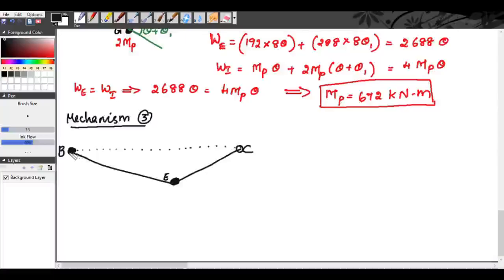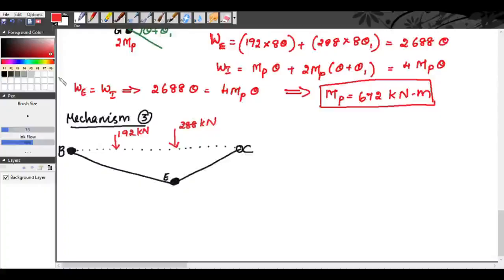There is a hinge at B. So we have a concentrated load of 192 kilonewton, that is 60 into 3.2. And here you have a concentrated load of 288 kilonewton, that is 90 into 3.2.